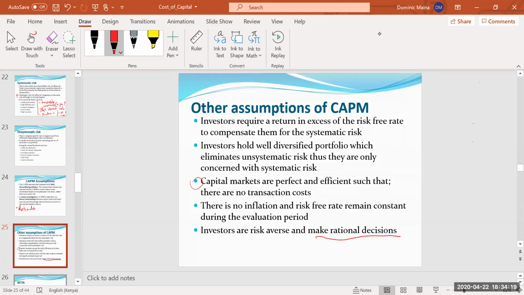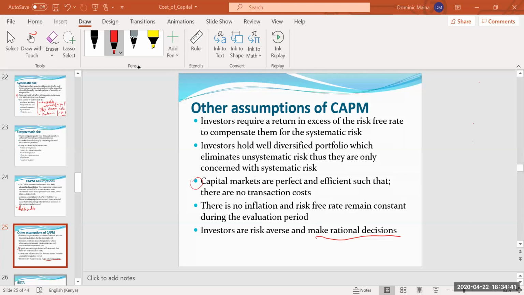In case you have exposed yourself to any unsystematic risk, then there's no return you'll be receiving. Now, we need to be able to measure the systematic risk, because that is what the market is going to reward. Therefore, as an investor, you have to quantify how much risk you expose yourself to.